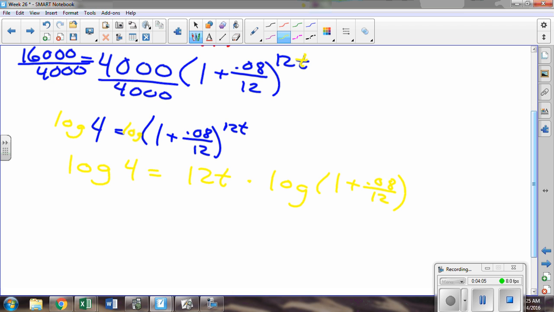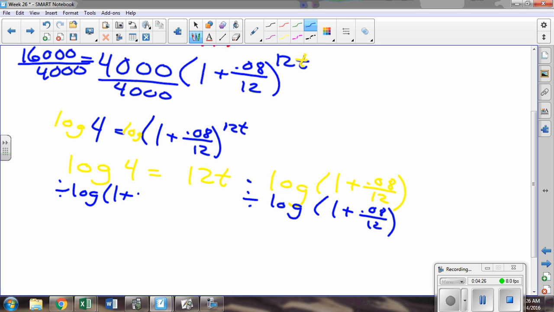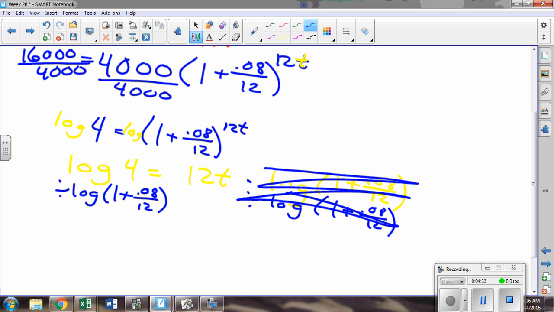What would we need to do to solve now? Well, we can divide about this multiplication. And that would cancel out. What else could we do?